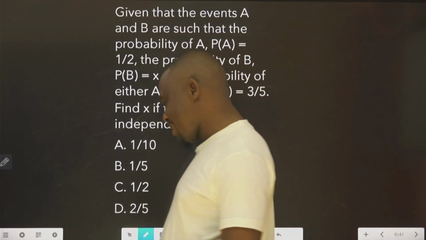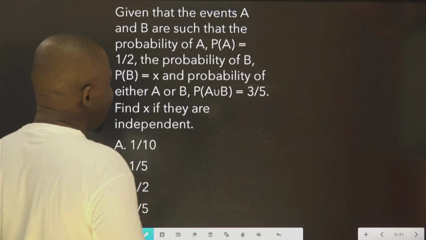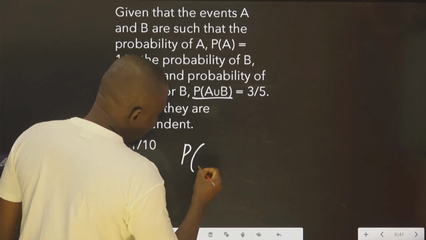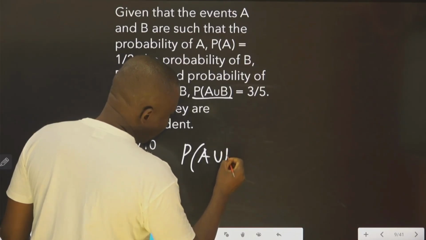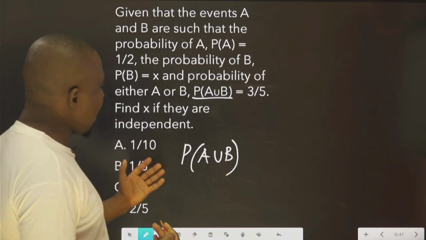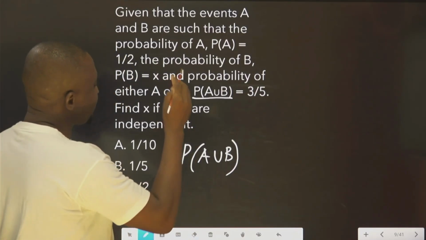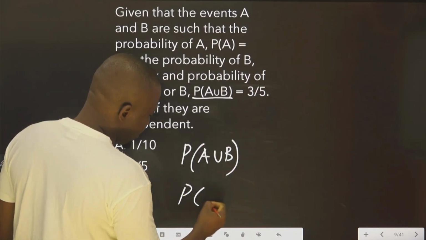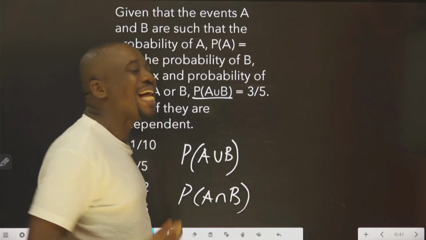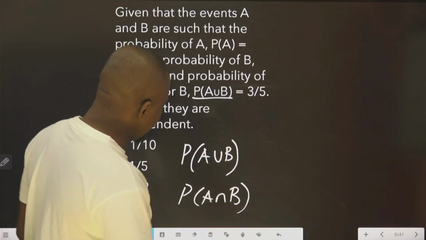What is that? The first thing you should ask yourself, what is the meaning of this? This is simply A union B. That is A or B. Why this means A intersect B, which is A and B. And why this is all.